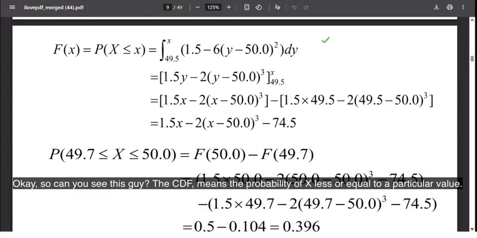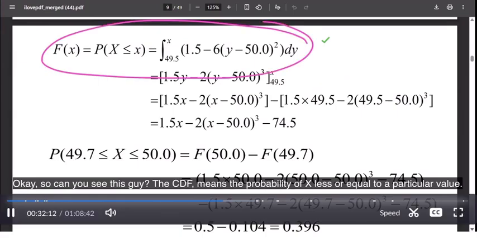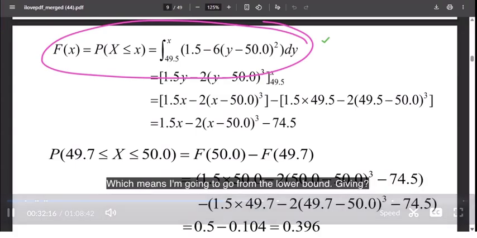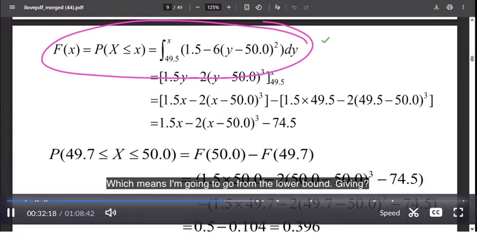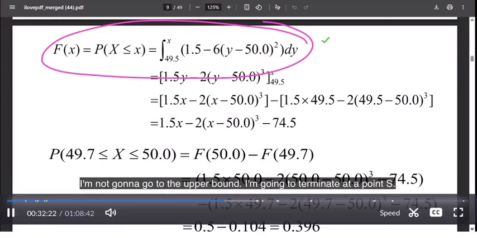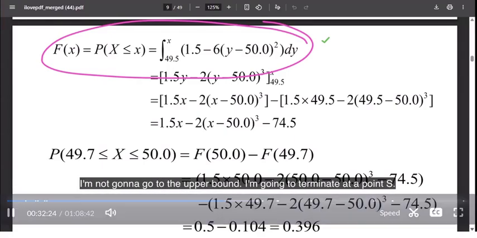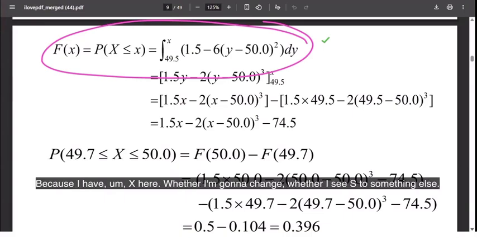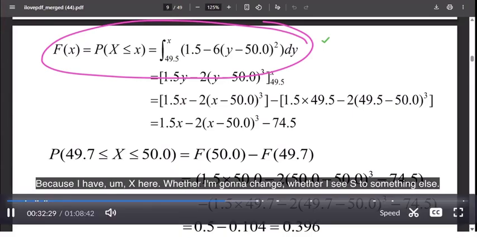Can you see this? The CDF means the probability of x less than or equal to a particular value, which means I'm going to go from the lower bound given. I'm not going to go to the upper bound. I'm going to terminate at a point x.